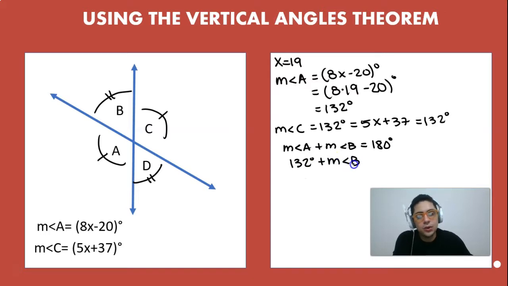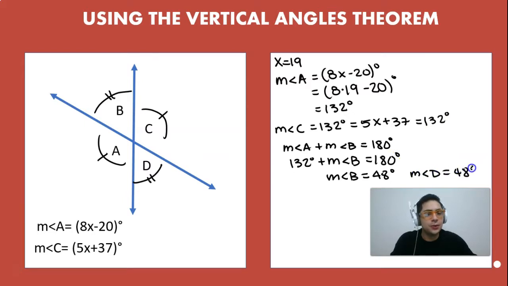We do not know the measurement of angle B, so we substitute and solve: 180 minus 132 gives us an answer of 48 degrees. And because we know that B and D are congruent, the measurement of angle D is also 48 degrees. And that is pretty much it for today, guys.